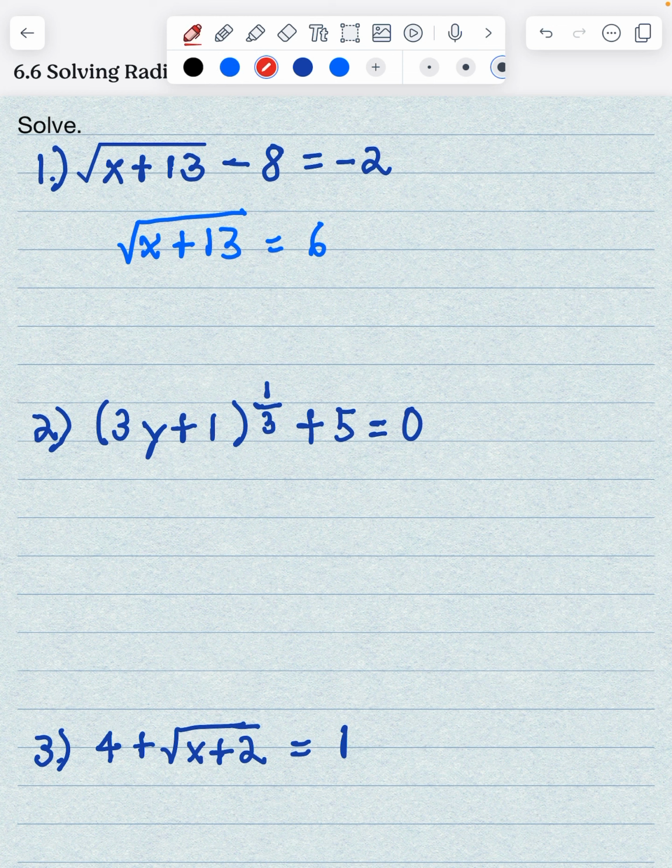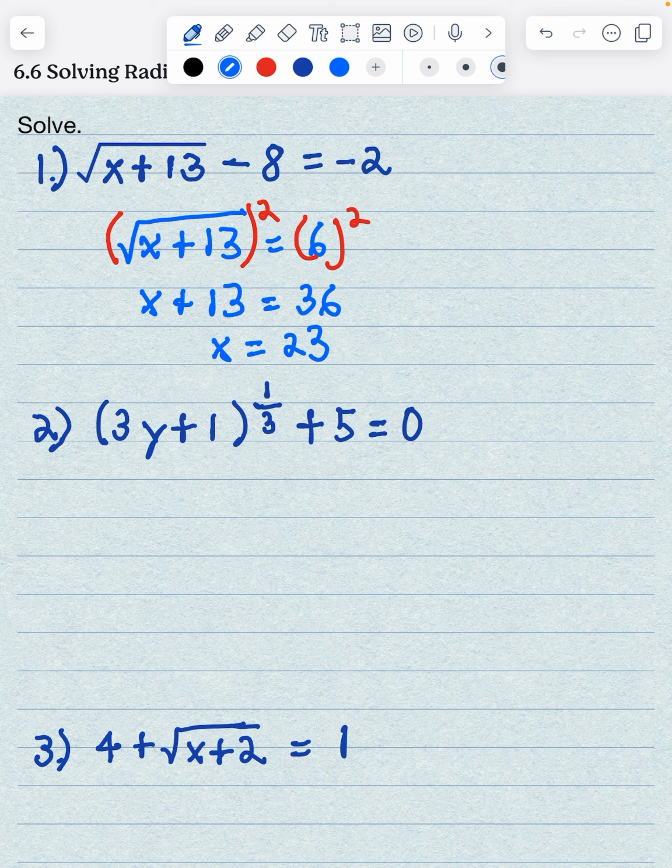Then we will square both sides to remove the radical, and when we do that, we get x plus 13 equals 36 and x equals 23.